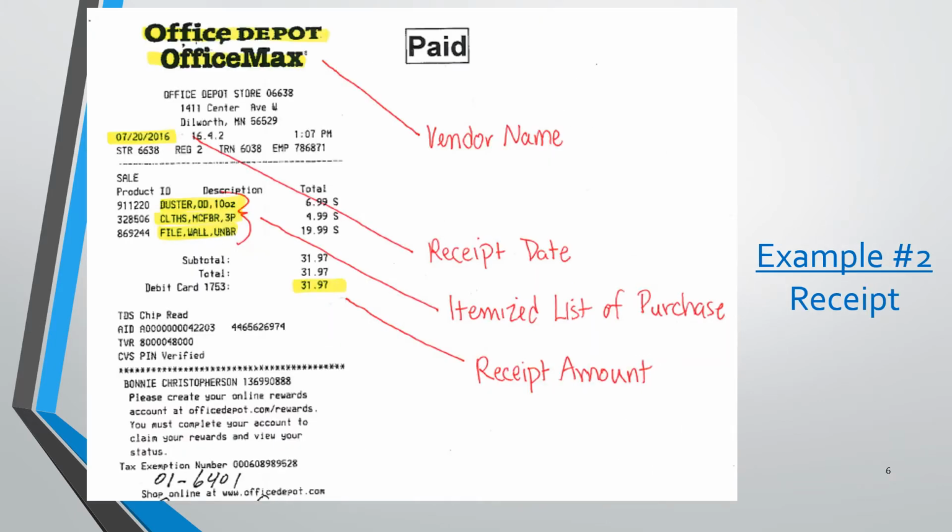In the second example, we're looking at a receipt, not an invoice, but the information shown is the same. We have the vendor name of Office Max, we have the receipt date of July 20th, an itemized list of what was purchased, and the receipt amount.